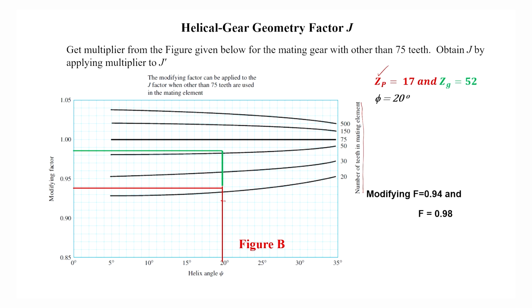The red color is for the pinion and green color is for the gear, and the modifying factor is obtained as 0.94 and 0.98. So, the geometry factor for the pinion is J dash multiplied by the modifying factor, given by this one, and J of the gear is J dash with the modifying factor, giving 0.529.